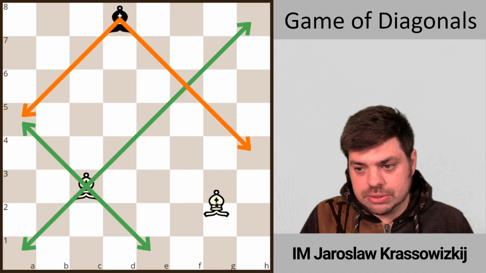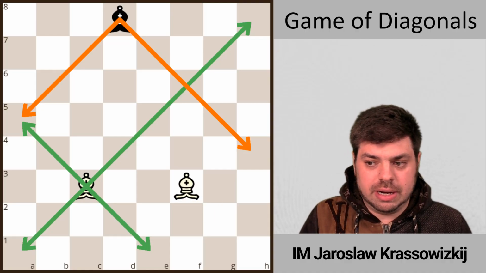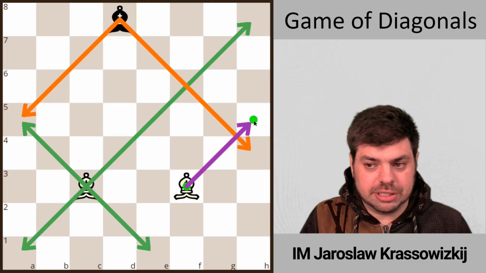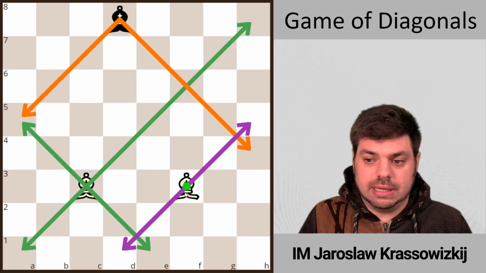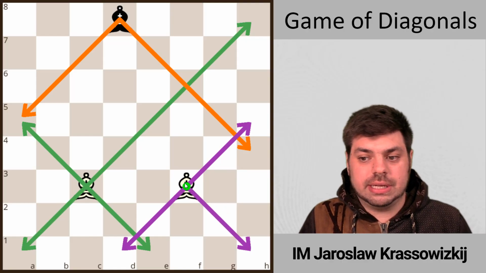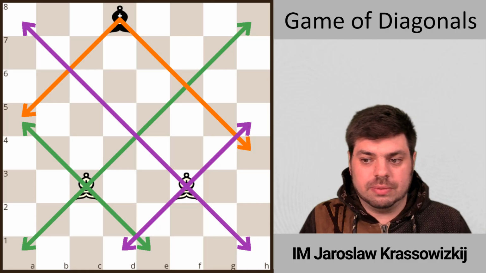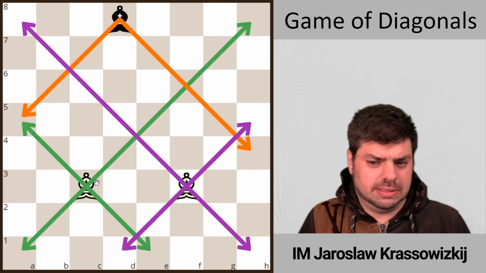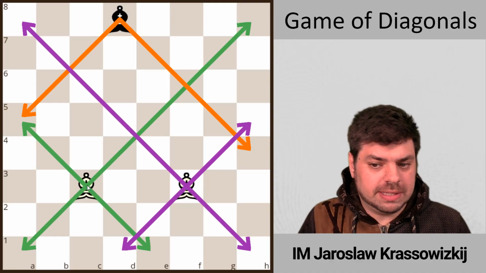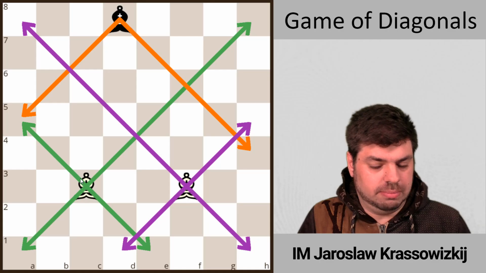And also, if you have a bishop on the white square, it can do the same, move in any direction diagonally as far as it wants. And an interesting piece of information is that the bishop cannot change its square color. If it starts on black, it stays on black.